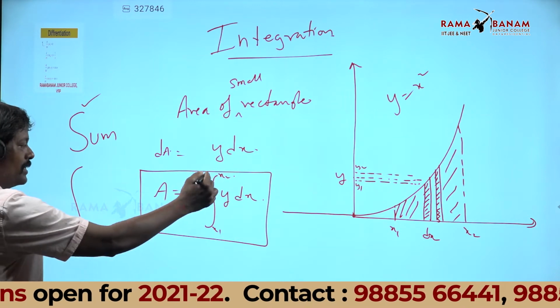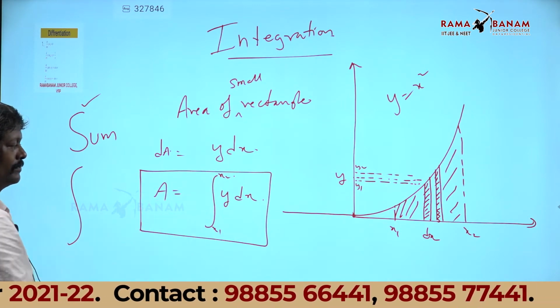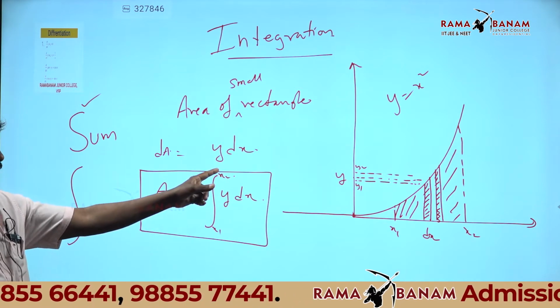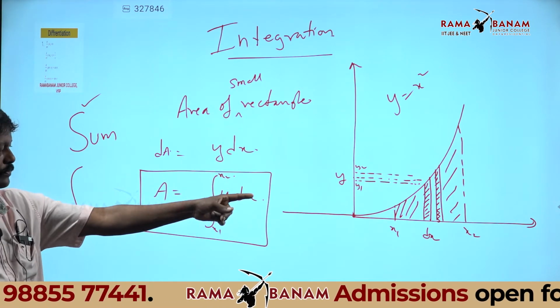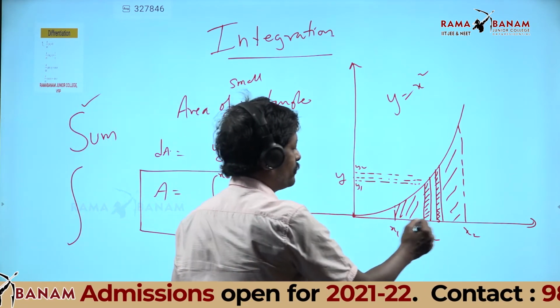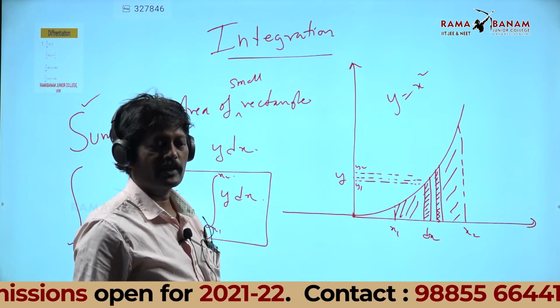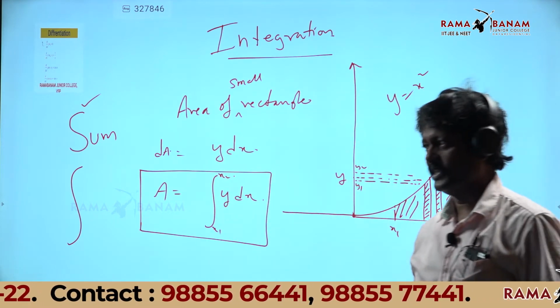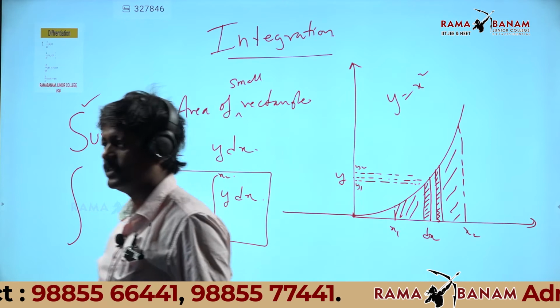So this symbol is nothing but S actually, summing. And the limits are from where to where? x1 to x2. From x1 to x2 if I substitute, I will get the total area under the curve from x1 to x2, which you cannot do by simple geometry what you have learnt in your 10th standard. So this is called integration.